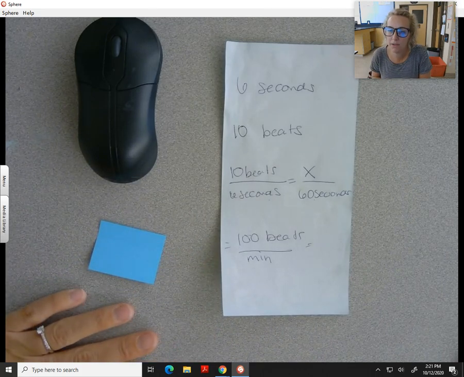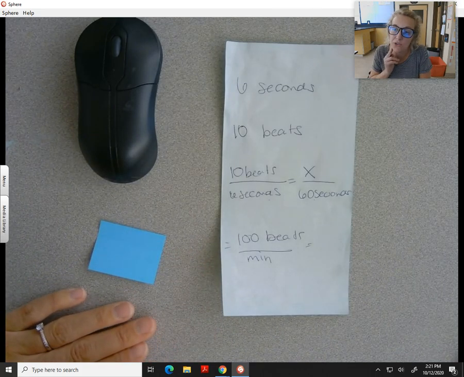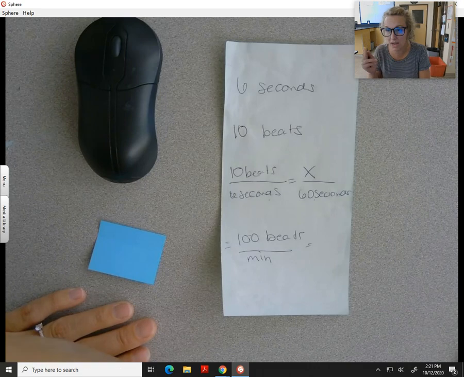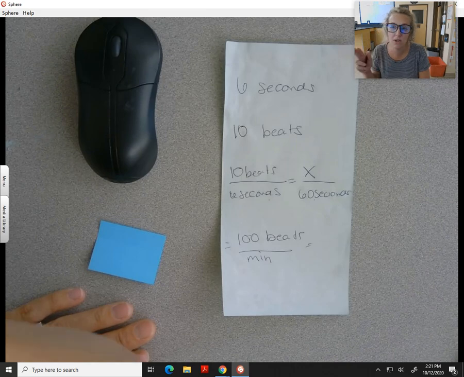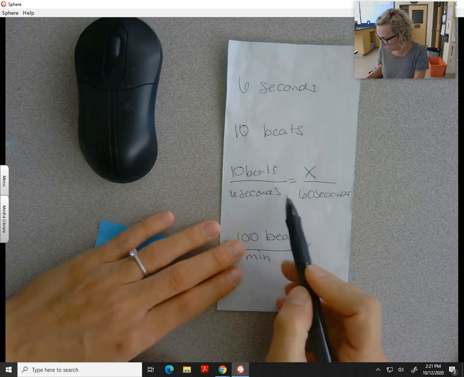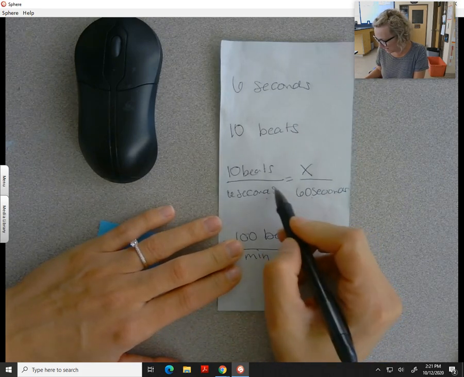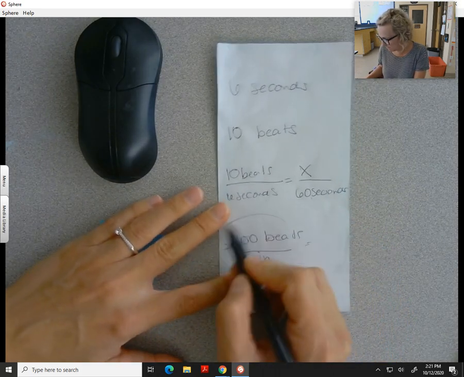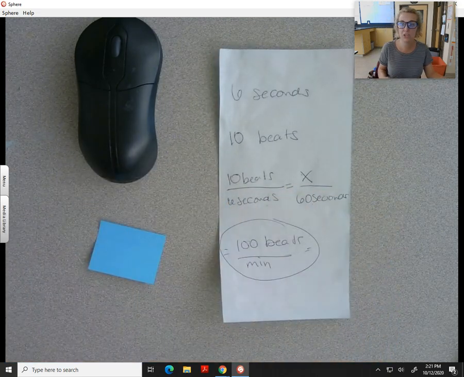So my actual heart rate is 100 beats per minute. Remember, I timed myself for 6 seconds and I got 10 beats. But I want to know how many beats are in 60 seconds. So I have to multiply both by 10 to get my beats per minute. I'm going to do this again and I'm going to do it a different way.